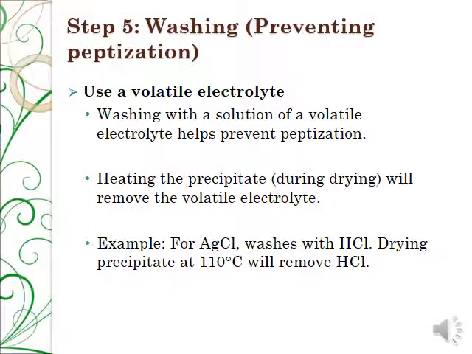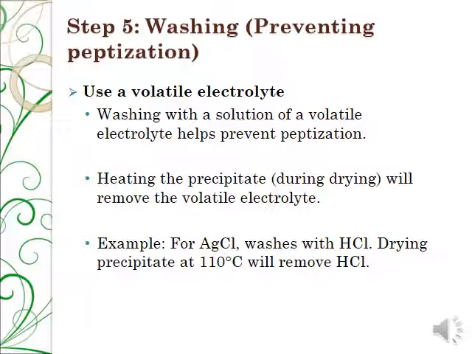So how to prevent peptization? Instead of using water, we use a volatile electrolyte. Washing with a solution of a volatile electrolyte will prevent peptization, and this volatile electrolyte can be removed during the heating step that follows after washing.